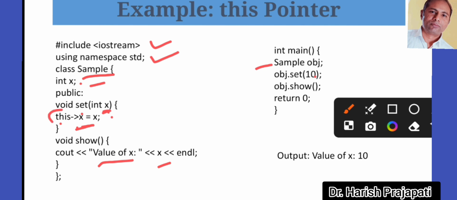Otherwise, without this pointer, it was not possible to get this value, since we cannot write x is equal to x. Now we will have the value of x here. So this is the this pointer, which removes the ambiguity.